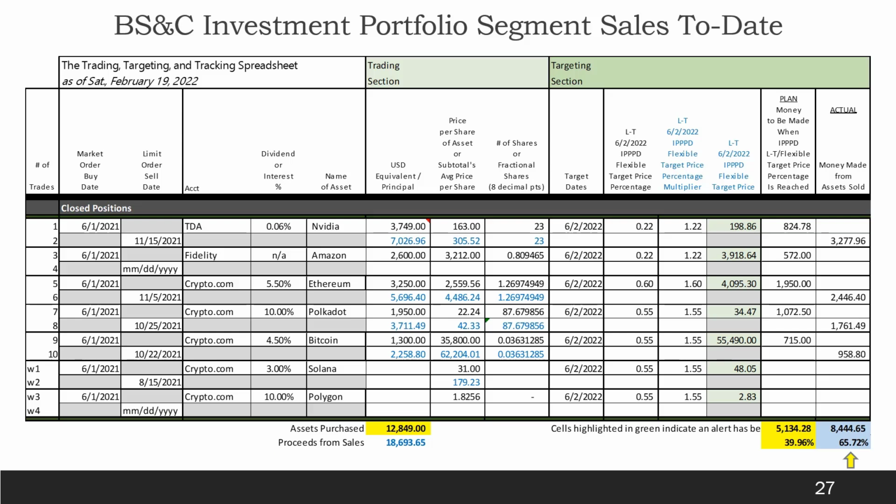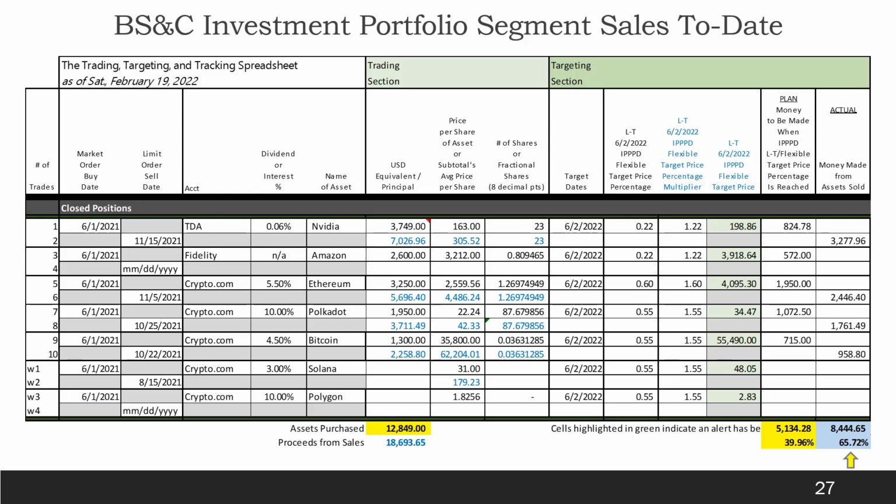In Assignment 6, you are instructed to change the amount invested in blockchain stocks and cryptocurrencies, an amount suitable to your situation. If the amount were $10,000 instead of $13,000, given the 65.72% increase from June 1st to February 19th, the amount made would have been $6,500 instead of $8,400.